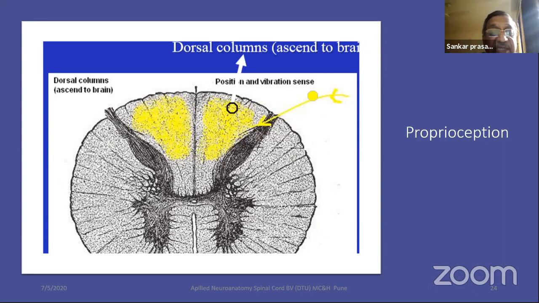Apart from that, there are short, intermediate, and long propriospinal neurons, which connect from one spinal segment to another, and those are present at the junction of the gray matter and the white matter tracts, and they connect various short segments and long segments. They usually help in posture and balance, and they act on the paraspinal muscles and axial muscles and maintain the erect posture also, and they integrate the function of the various spinal segments.